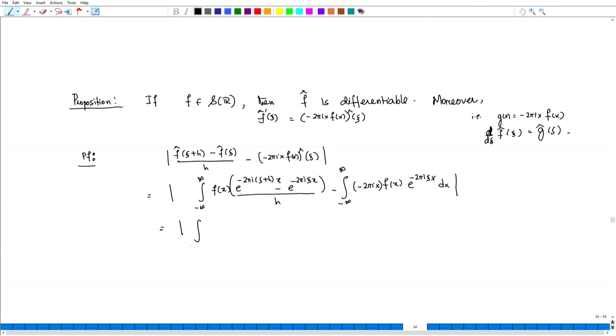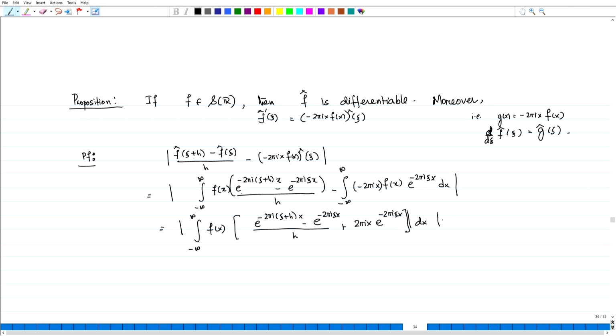This is the modulus of the integral from minus infinity to infinity of f(x) times e to the power minus 2 pi i (xi plus h) x minus e to the power minus 2 pi i xi x, divided by h, and then plus 2 pi i x e to the power minus 2 pi i xi x dx, whole modulus.